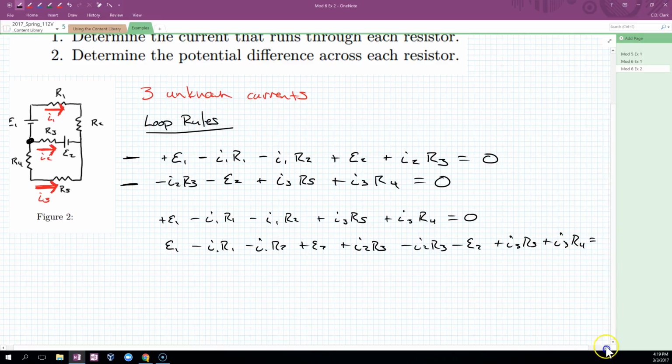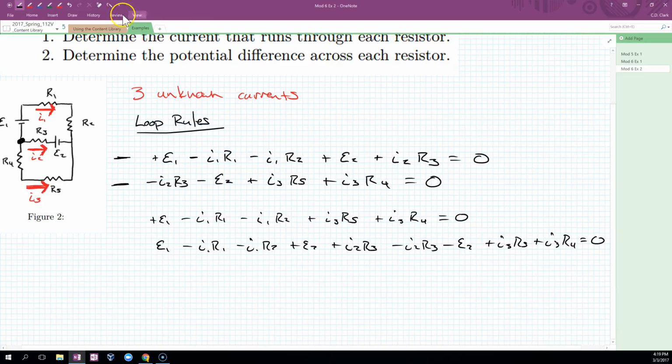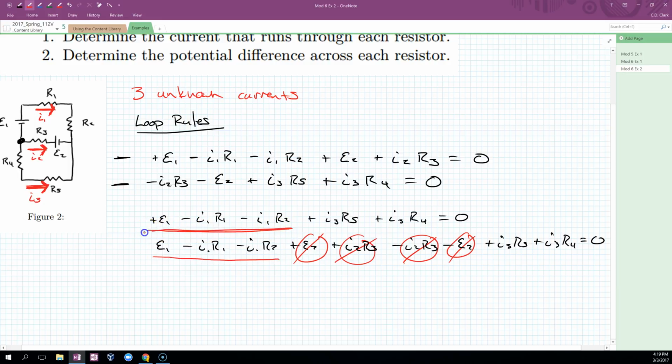That's equal to 0. This term and this term are going to cancel. This term and this term will cancel. And what am I left with? Well, I'm left with EMF 1, I1 R1, I1 R2. That's these terms right here. And then I3 R5, I3 R4. That's those two terms right there.